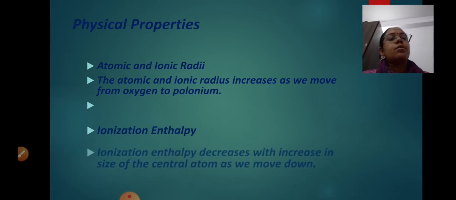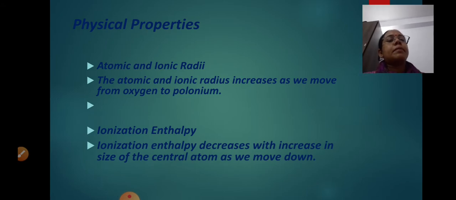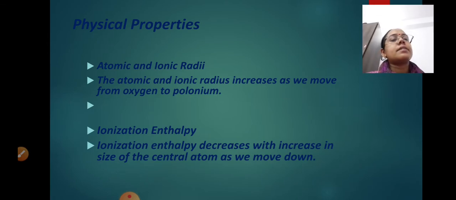Ionization enthalpy decreases with increase in the size of the central atom as we move down. As you move from oxygen to polonium, the ionization enthalpy decreases. Now why? What is the reason behind it? The reason is the effective nuclear charge, the distance between the nucleus and the outermost shell.